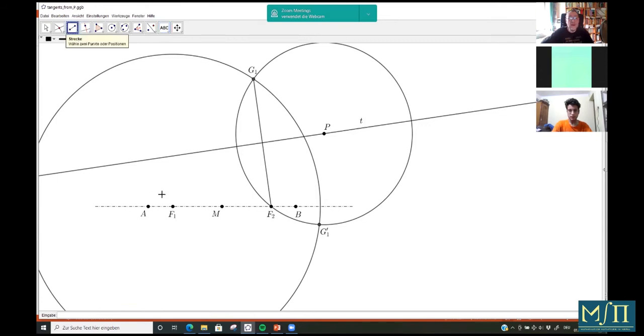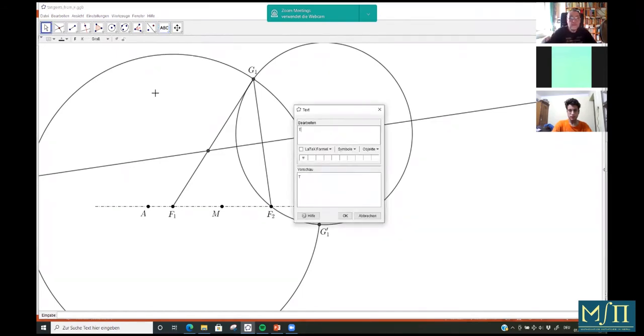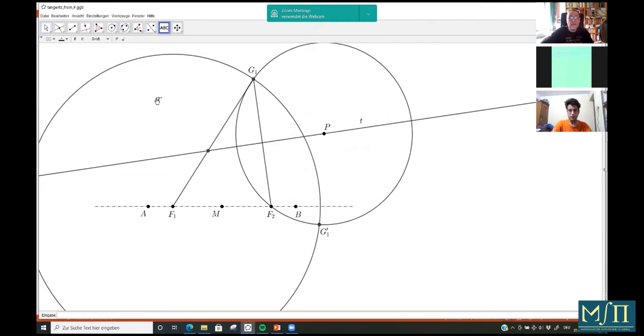So if I connect F1 to G1 and intersect that with T, then this point here must be the point where they join together. So this is the point of tangency. I'll call that capital T.